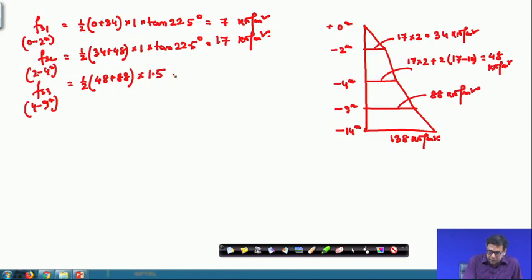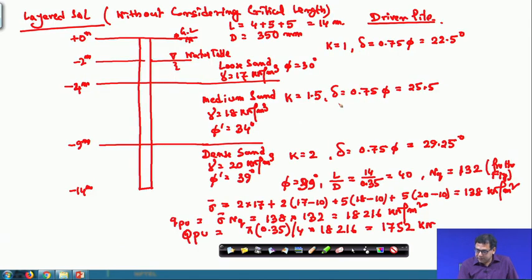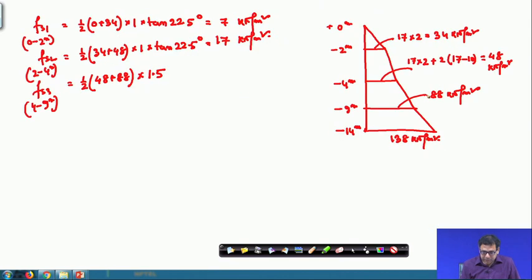Okay. So, 1.5 and here the delta value is 25.5. So, we will take tan 25.5 degree. So, the value is 48.7 kilonewton per meter square.